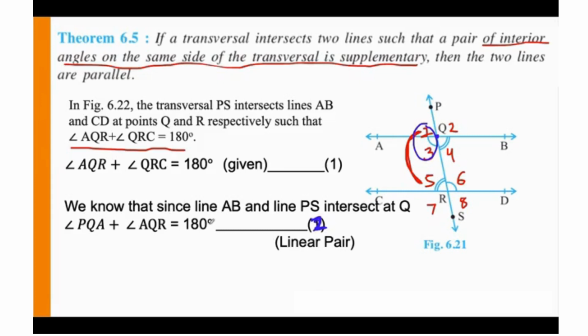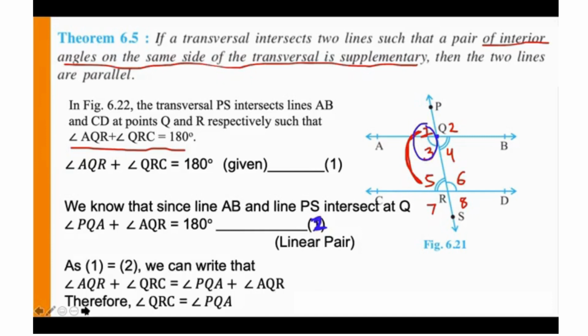Result 2 is PQA plus AQR is 180 degrees. Because both of them are equal to 180 degrees, they are equal to each other. We are using the axiom that things that are equal to the same thing are equal to one another. So we can write that angle AQR plus QRC is equal to angle PQA plus AQR.